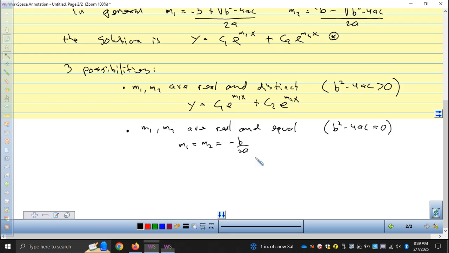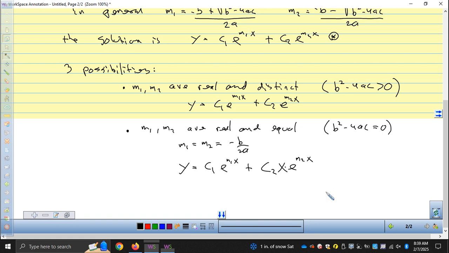So we have repeated roots. Well, in that case, the solution is y equals c1 e to the m1x plus c2 e, I'm going to say m2, but m1 and m2 are the same, c2 x e to the m2x.